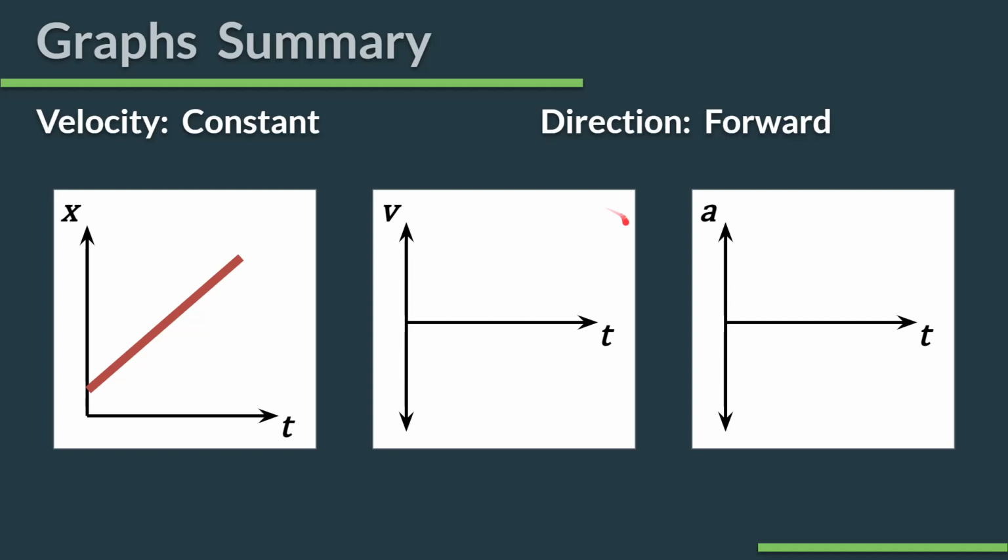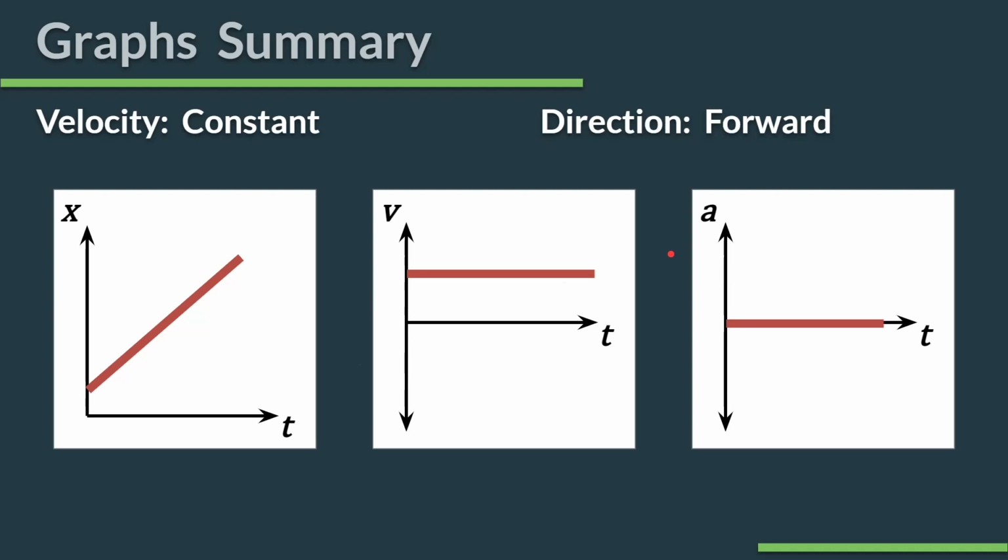And I also know that it shows a velocity that is constant, so I'm going to have a constant velocity of, say, positive 5. It's going to look like that. Again, it has to be above the x-axis this time because this is where you have positive or forward motion. But it does need to be a horizontal line to show that it's not changing. And then again, the slope of this is 0, so my acceleration is 0.